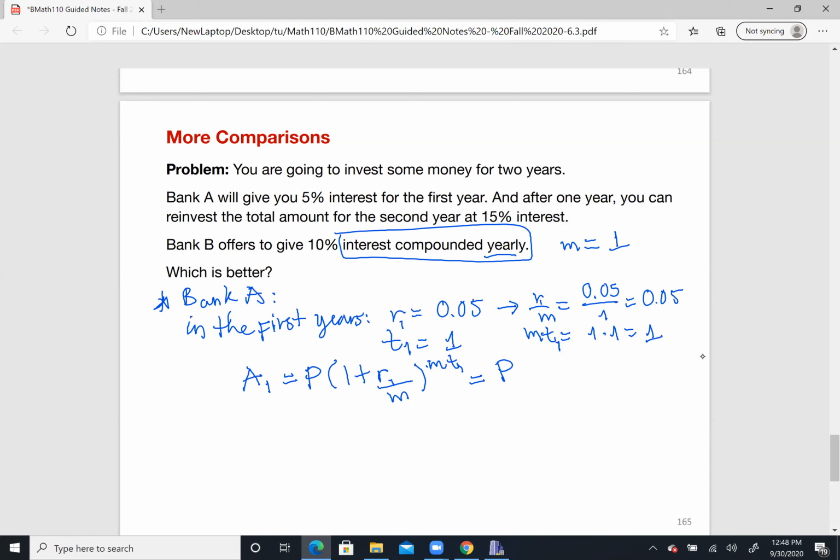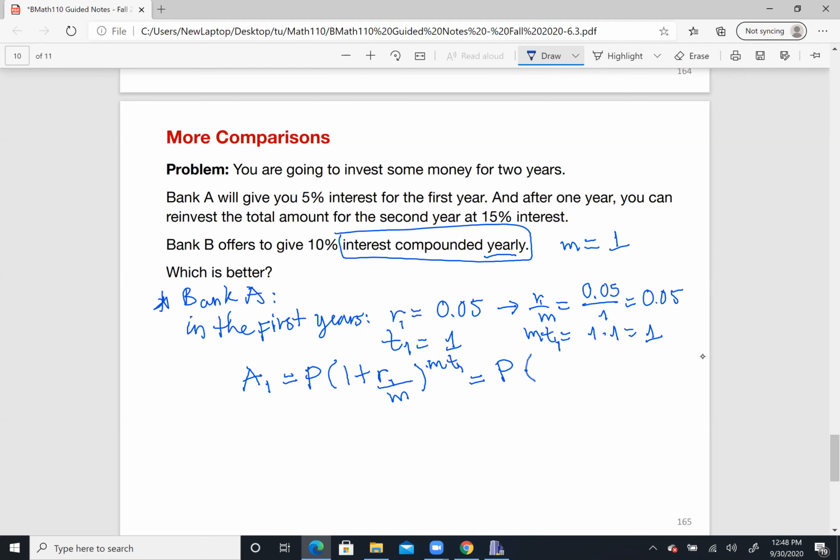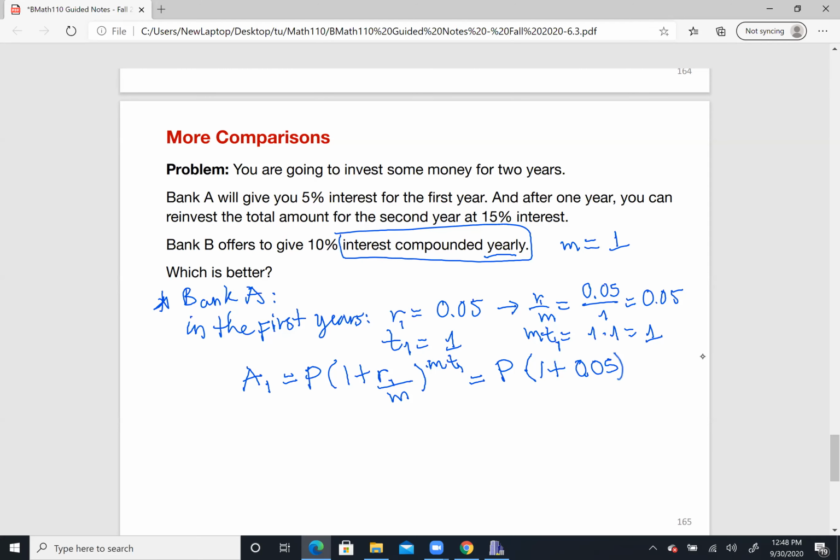Okay, and then I have P equal to P times 1 plus 0.05 to power M times T1, which is 1.